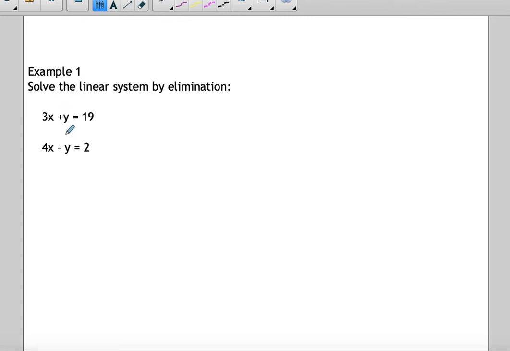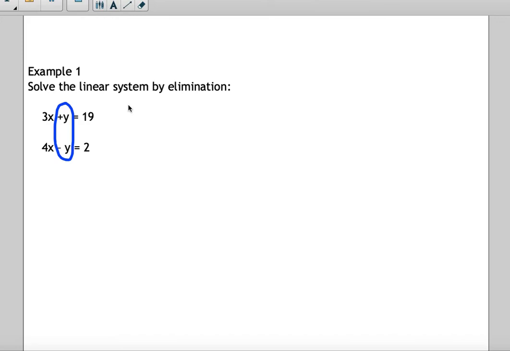So example 1 says solve the linear system by elimination. So the first thing we're going to do, we've got x's and we've got y's. The coefficients on the x's are different, but the coefficients on the y's are the same. So we are going to eliminate the y value. Look at the signs on the y.